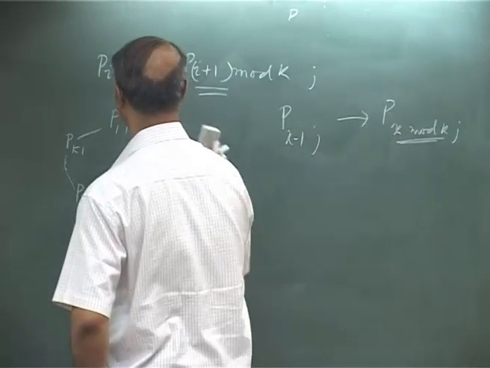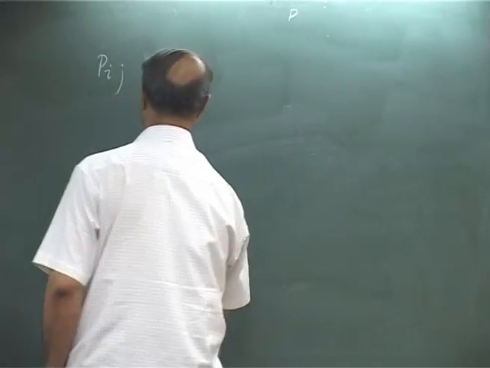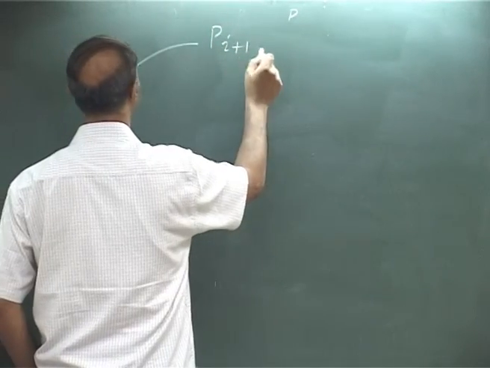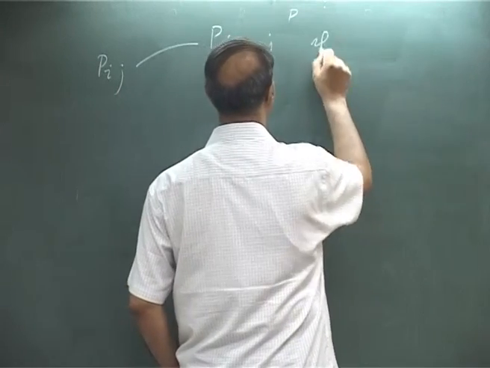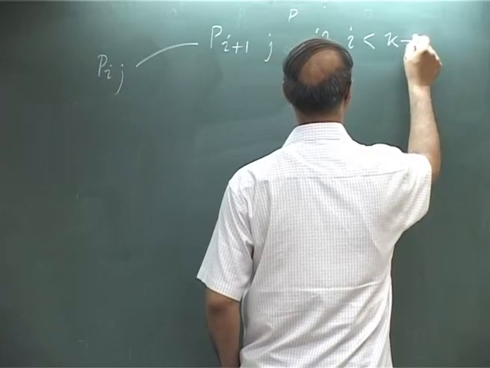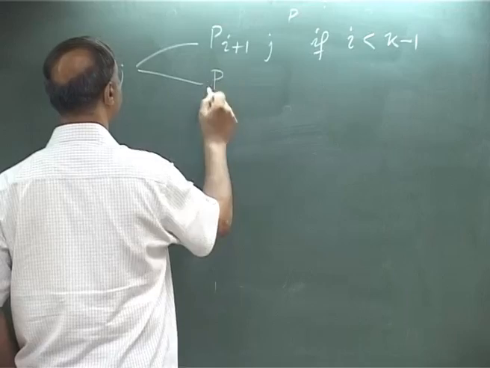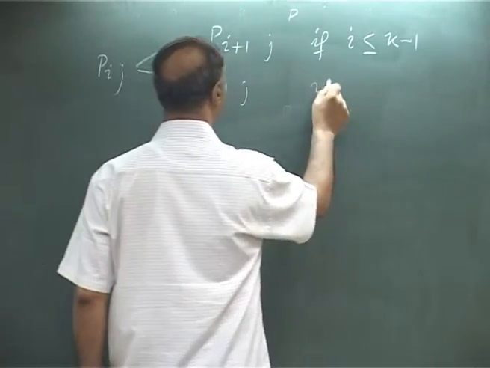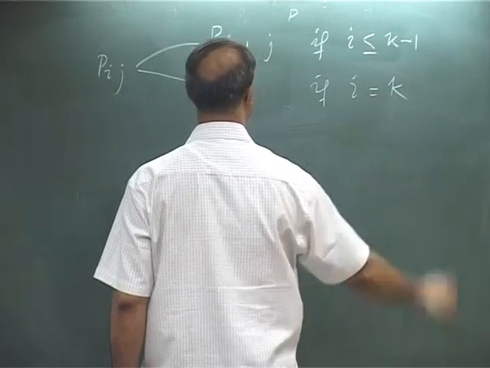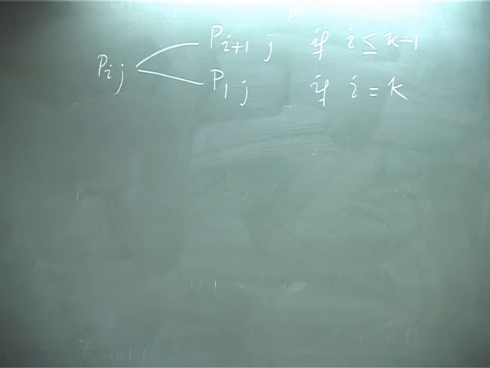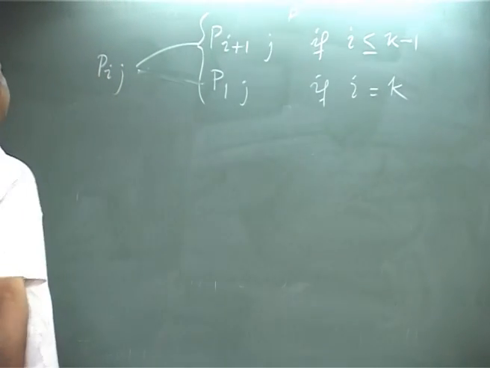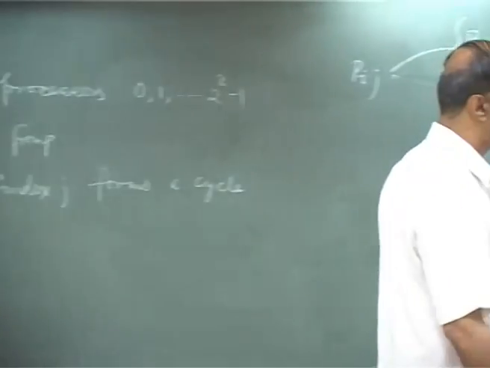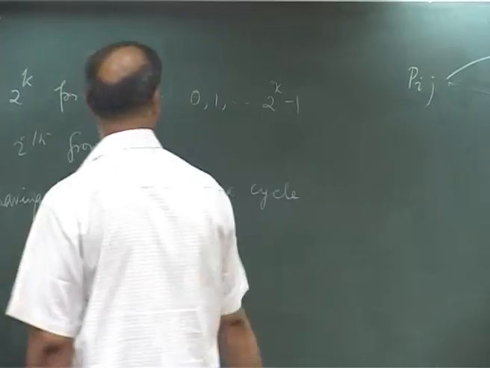So we have to write it in a different way, not the modulo operation: Pij is connected to Pi plus 1 j if i is less than or equal to k minus 1, and it is P1j if i is k. Since I have numbered the groups 1 to k, I have to write Pij is connected with Pi plus 1 j if i is less than or equal to k minus 1, and P1j if i equals k.